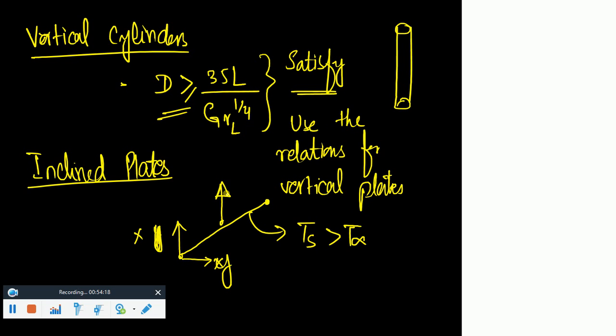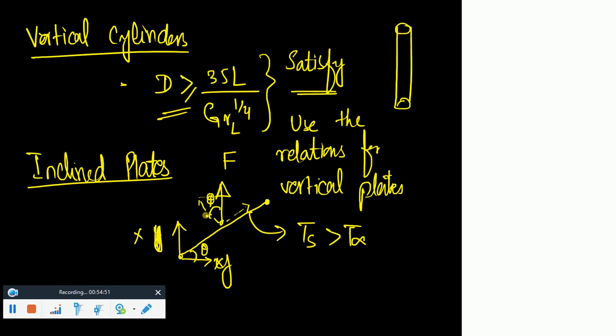The air would go up due to the density difference. If I decompose the force, obviously it is going up due to buoyancy. This is the force, and it can be decomposed, theta, yes, it should be theta, into two components, parallel to the plate and normal to the plate.